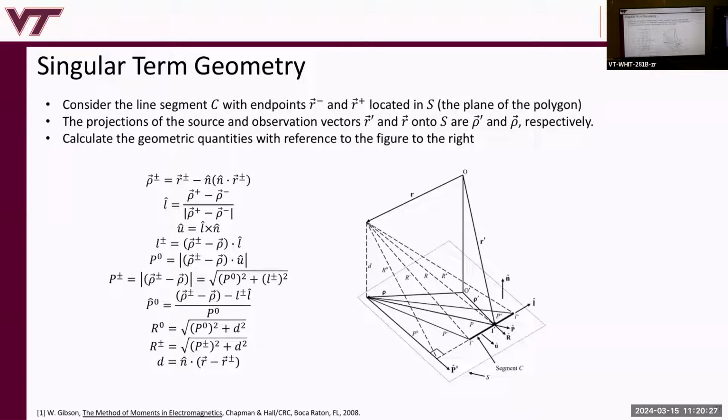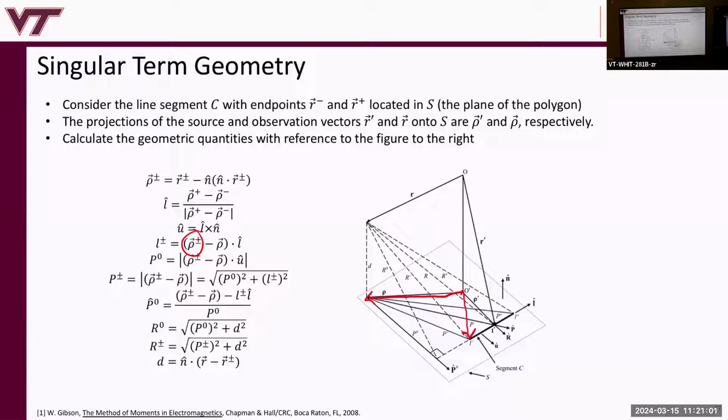All right? L plus and minus are the coordinates in this L coordinate system. In this coordinate system, L measures from this origin. L minus is the length L measured along L hat from here to here, right? L minus is rho plus or minus minus rho. So here's rho, which points to the observation point. Rho plus or minus points here, let's say rho minus.